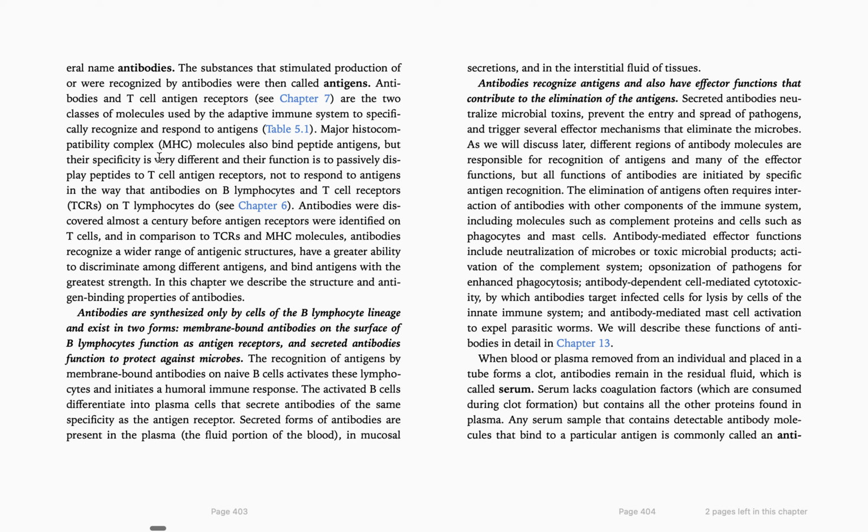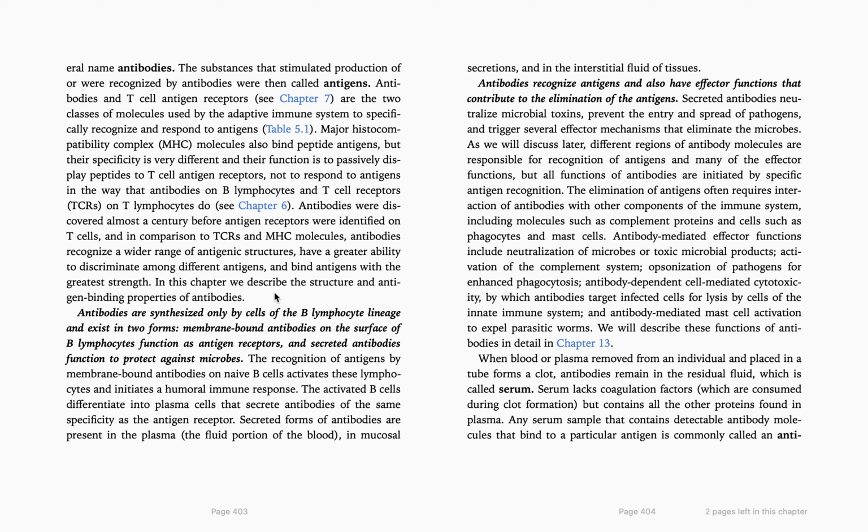Major histocompatibility complex (MHC) molecules also bind peptide antigens, but their specificity is very different, and their function is to passively display peptides to the T cell antigen receptor and not to respond to antigen in the way that antibody on B lymphocytes and the T cell receptor on T lymphocytes do. Antibodies were discovered almost a century before antigen receptors were identified on the T cell, and in comparison to T cell receptors and MHC molecules, antibodies recognize a wider range of antigenic structures, have a greater ability to discriminate among different antigens, and bind antigen with the greatest strength.